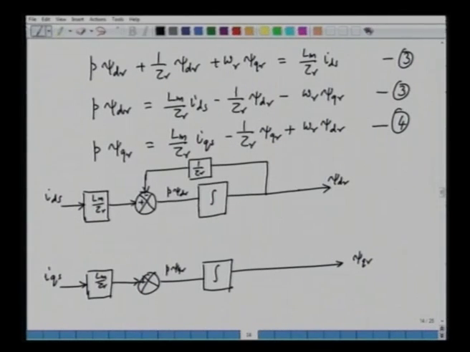So here is a negative sign. Similarly, we have a feedback mechanism here as well. One by tau r, and here we are feeding back 1 by tau r into psi qr, and here we have the speed. This is omega r as an input, and this is fed to this place after suitable multiplication.